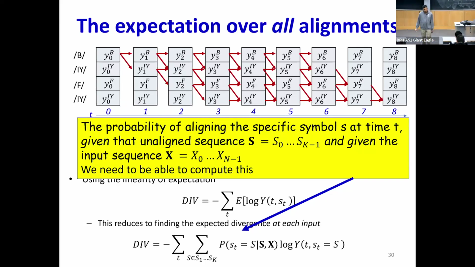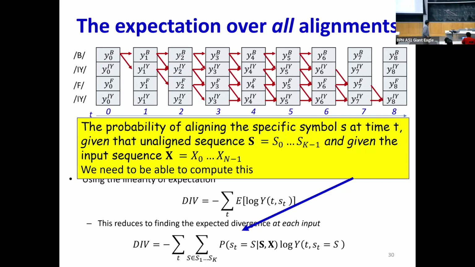Why is it posterior? What's getting the terminology? Why is it called posterior? I'm calling it posterior because it's conditioned on having this one and having this input sequence. So you're told that you're aligning this symbol sequence to this input. So if I tell you that I'm aligning S1, S2, S3 to the symbol sequence X1 through X4.